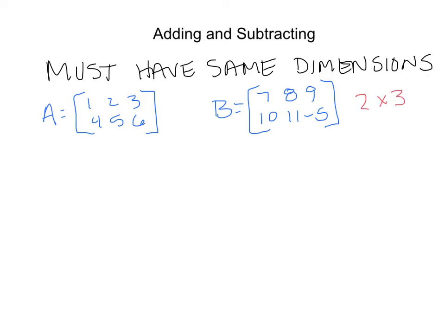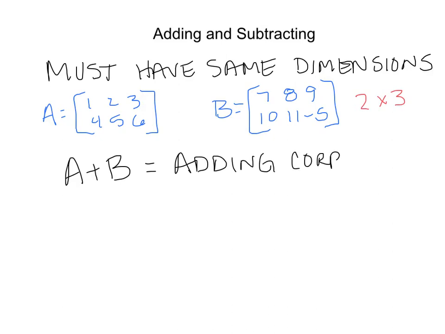Now we can find the sum of these 2 matrices, A plus B, by adding corresponding parts or entries.